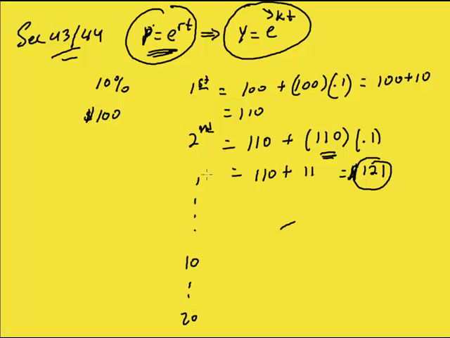Okay, we want to come up with a formula that is easy to use rather than trying to calculate this 1 year at a time. And here we go. So the amount of money you're going to have at the end of the first year is going to be the principal, which means the money you're going to put in, plus the principal times the rate, which is the percentage of interest you're going to get.